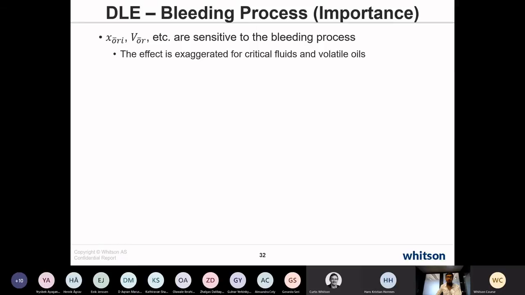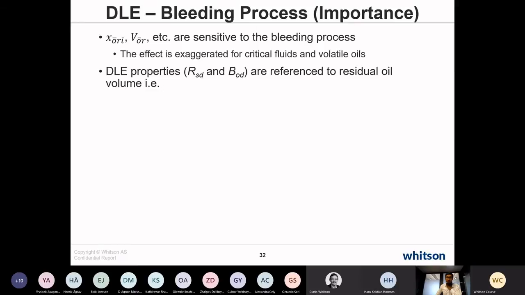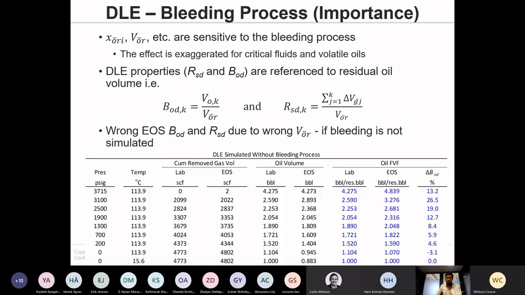Here we will just see some slides showing the importance of this. This is from one case study that we were doing, and you can see the oil volumes from the lab report, and this is the oil formation volume factor.